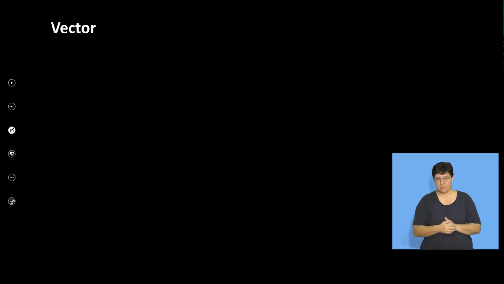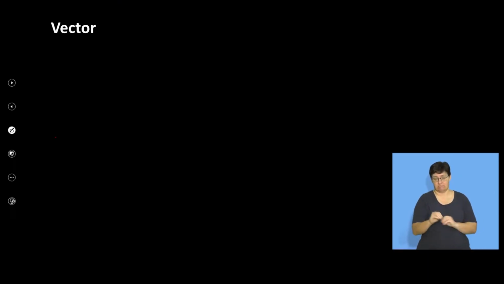So then we get vectors. Now this is a new term for us, okay? And you've probably heard it. A vector is also a physical quantity, but it's a very special physical quantity because I have to describe not only how big it is, but also the direction it moves in, because the direction is very important.